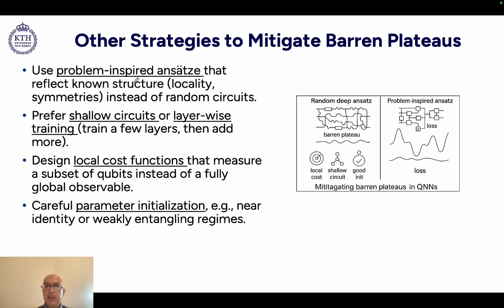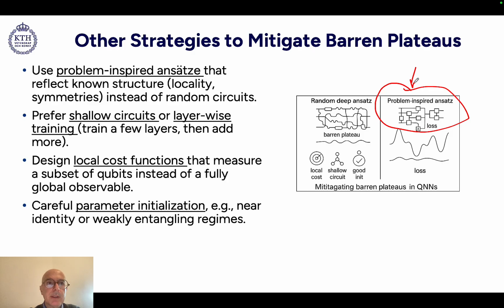Other strategies to mitigate barren plateaus? One possible technique is to pay a lot of attention to the ansatz, to look at something that has some structural properties like locality and symmetries. So choose an architecture that might be linked to the kind of data. For instance, if you know that your data has pairwise correlation, you might want to have this kind of equivalence in your quantum architecture.